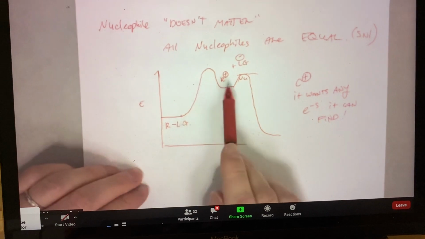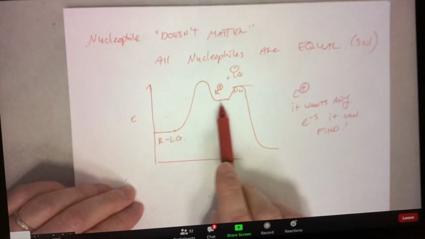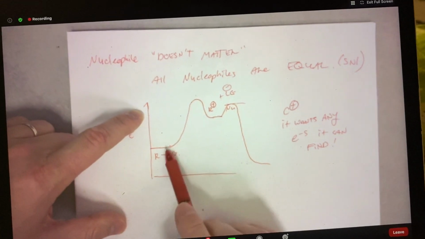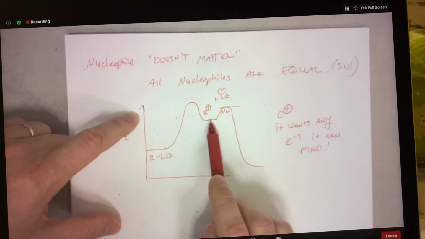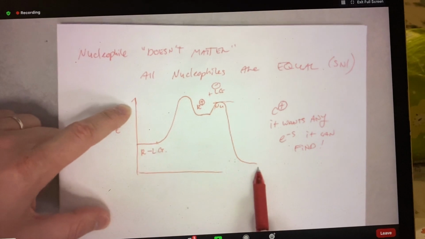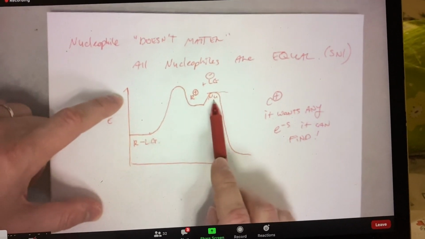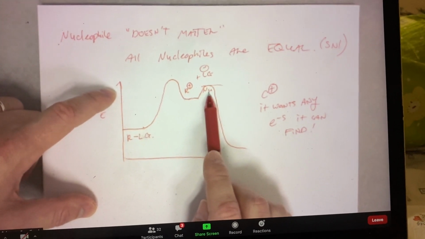It wants to solve this problem that it's very, very high in energy and unstable. The activation energy to get here is much higher than it is to get to the final product, and so any pair of electrons that comes along works. That's why water will be a good nucleophile in this reaction.